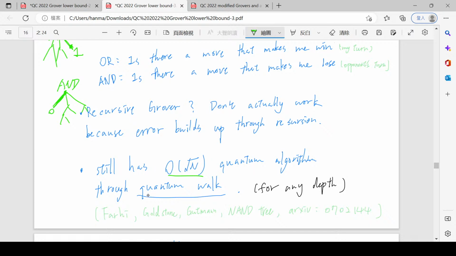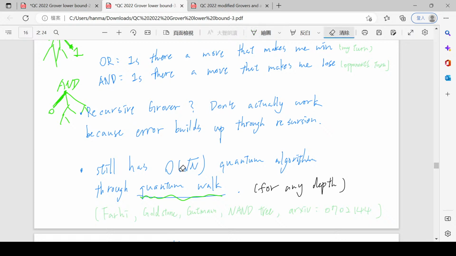I will just give you a keyword, and the keyword is quantum walk. It's a generalization of the classical random walk, a quantum version of a classical walk, although the result of the walk on this AND-OR tree is a bit weird.